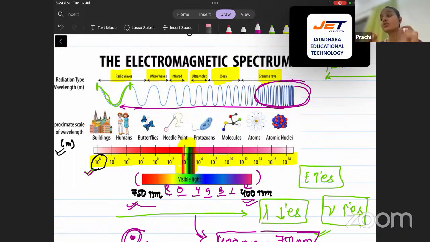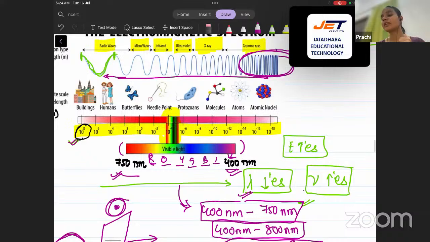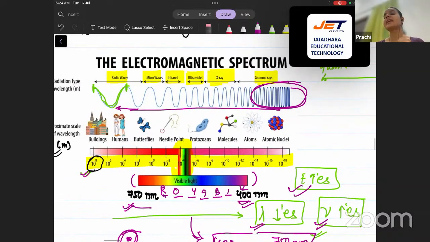So yes, you should know that when I am moving from the radio to the gamma radiations in the electromagnetic spectrum, what is happening to the wavelength, frequency, and the energy. So again, I am repeating this, that when I am moving from the radio to the gamma radiation, your energy increases, your frequency, as you can see here, is increasing, and your wavelength will decrease.